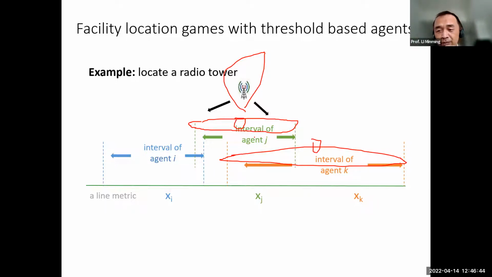Now, what's the problem? The problem is how to locate the base station to satisfy as many customers as possible. Why do we say it's related to weight? You can imagine that a mobile phone has a high weight if its receiving radius is very small.